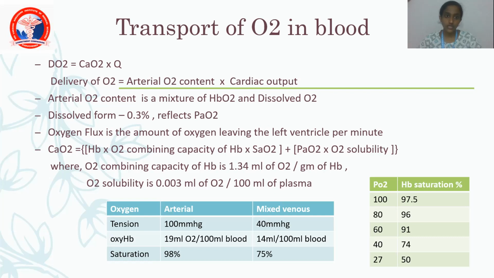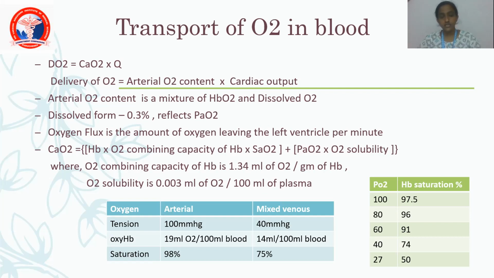Although this dissolved oxygen forms only about 0.3% of the total content in the arteries, it is still the only thing that reflects the arterial oxygen partial pressure, that is PaO2. So the remaining majority will be the hemoglobin combined form of oxygen.